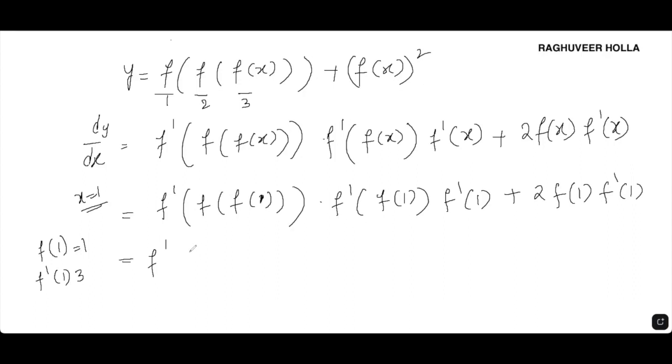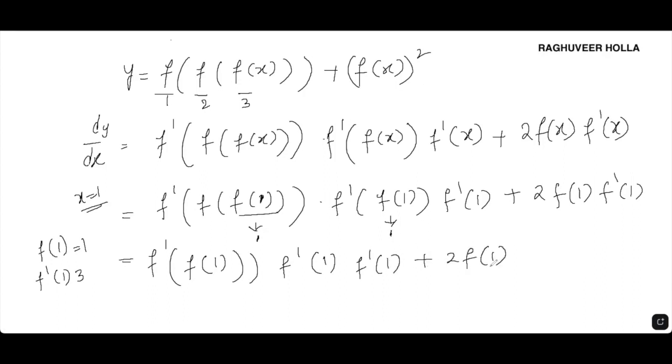So this is f of 1 again, this being 1, so this is 1 again. So this is f dash of 1, so this is f dash of 1, right? Plus 2 f of 1 and f dash of 1.